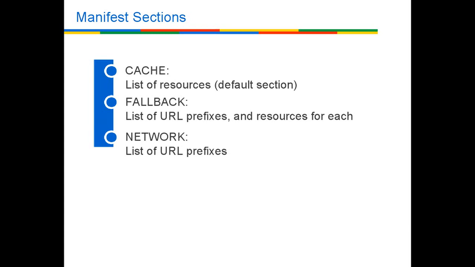There's also fallback entries, which are a list of URL prefixes and a resource that should be loaded if something matching that prefix is not available. And lastly, there's a network list. And this is a list of URL prefixes again, and anything in there is going to be fetched from the network all the time, even if you're offline or whatever.